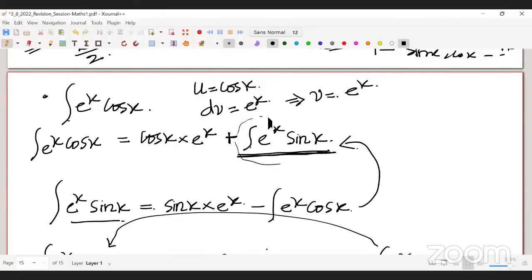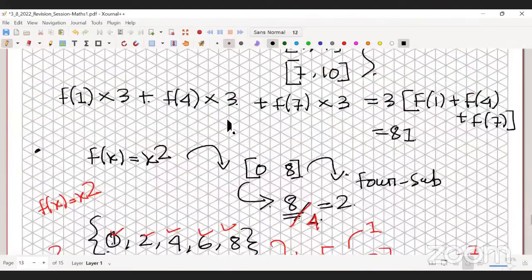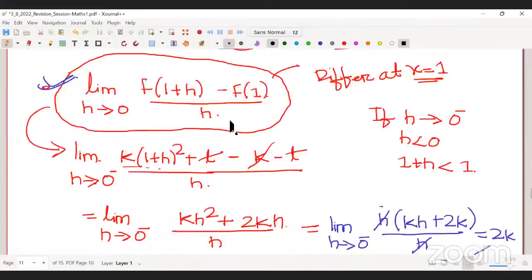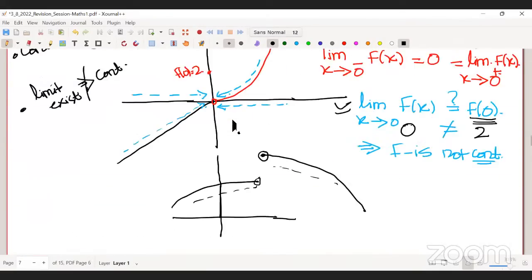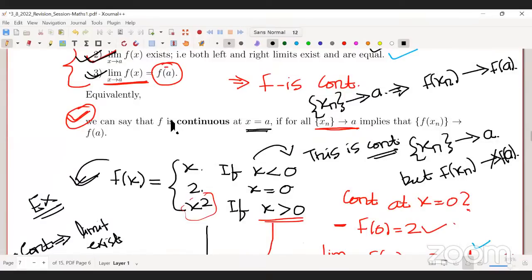Hello, sir. See, I have a query in continuity related to alternate methods, which I asked you earlier. What is your doubt? This another definition, right?